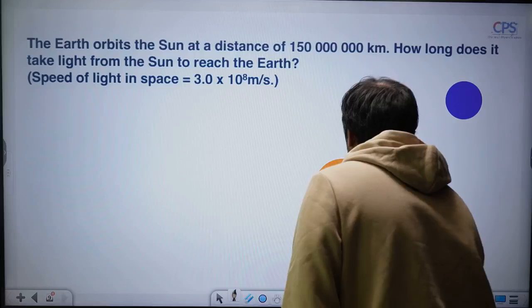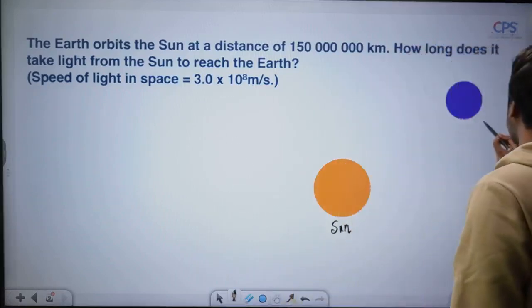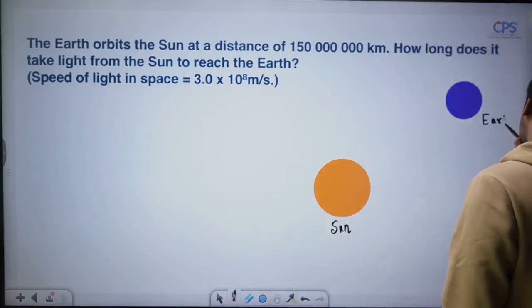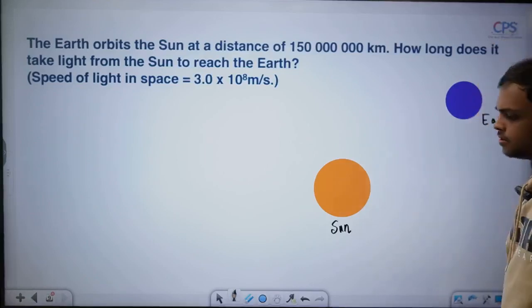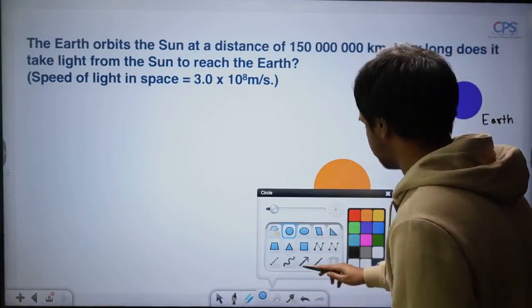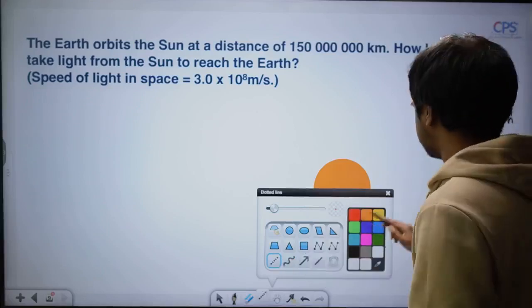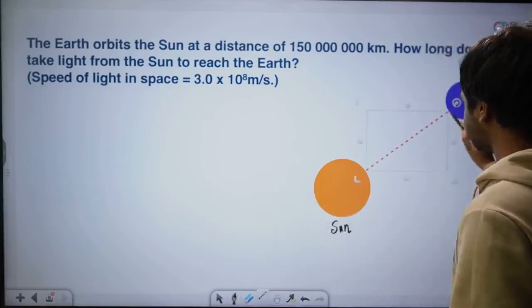So this is the sun and this is the earth. Each moment light is coming from the sun to the earth, right? Each moment. So light rays are coming in this path, see.